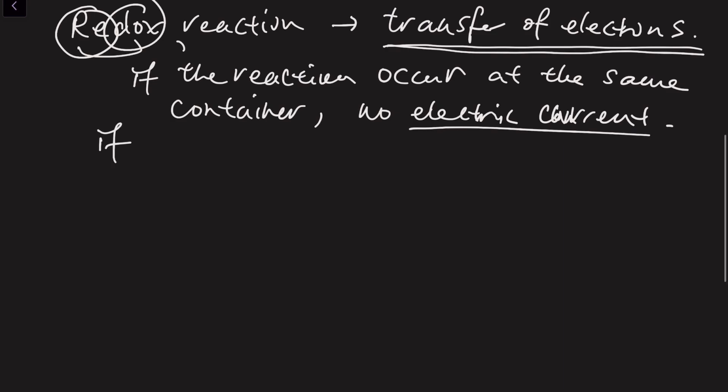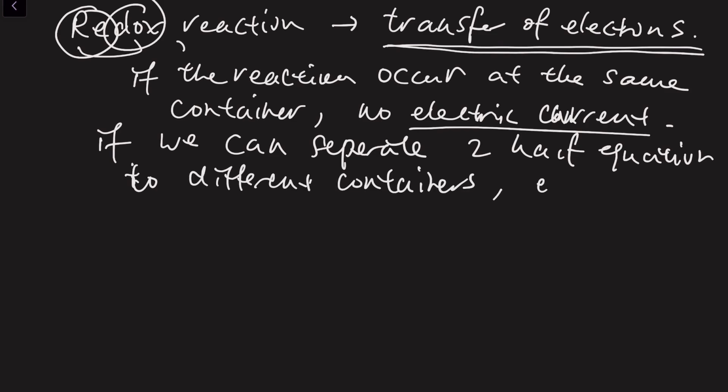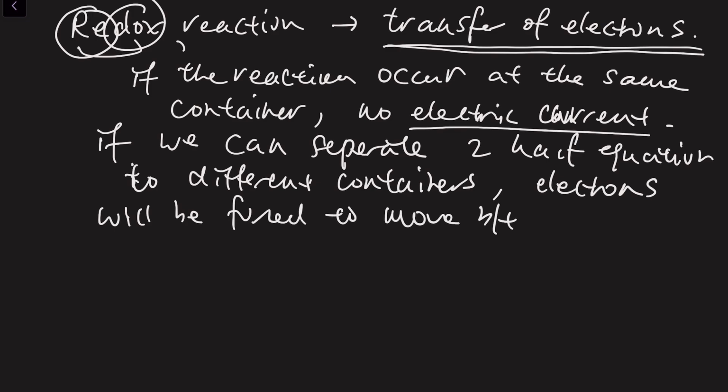But if we can somehow separate the two half equations, the oxidation and reduction reactions, into different containers, then something magical would happen. Electrons will be forced to move between the containers.